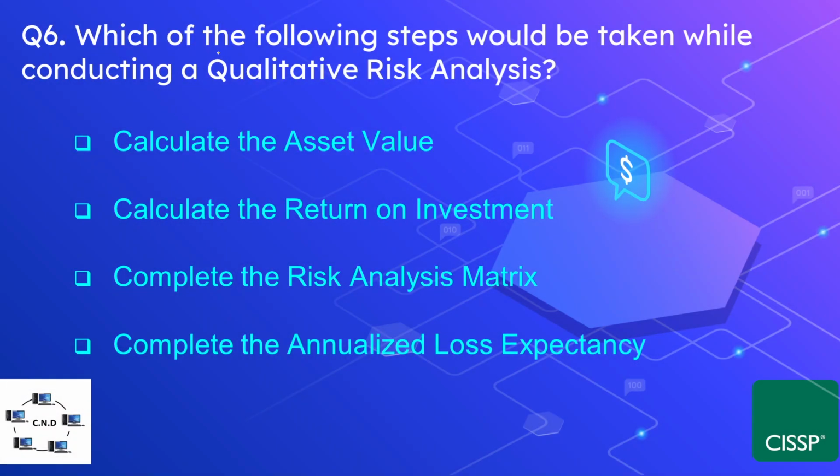Question number 6 is: which of the following steps would be taken while conducting a qualitative risk analysis? There are two types of risk analysis, qualitative and quantitative. The options are calculate the asset value, calculate the return on investment, complete the risk analysis matrix, and calculate the annualized loss expectancy.